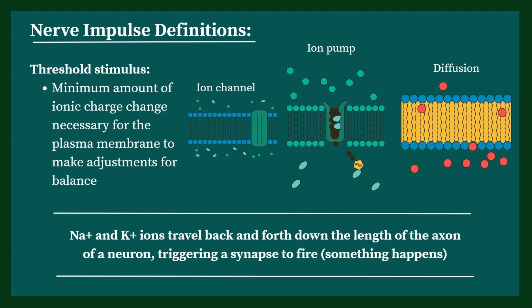But there has to be a stimulus that gets to a certain point to make those pathways open, because naturally there is a specific balance of sodium and potassium ions, and I'm going to show you that in a second. There has to be a stimulus that causes the cascade of an inactive membrane to start moving these ions back and forth. So the stimulus gets to a point and it causes a cascade.